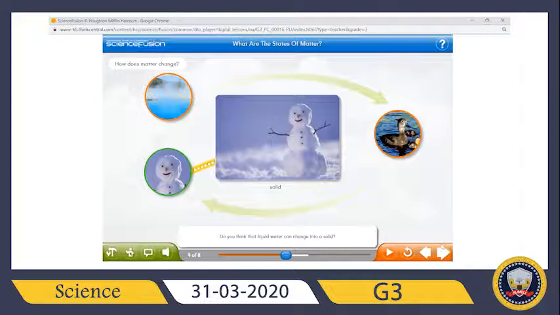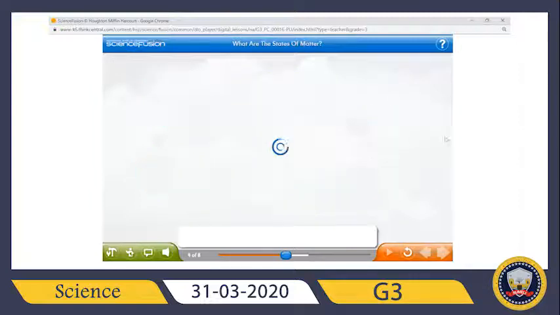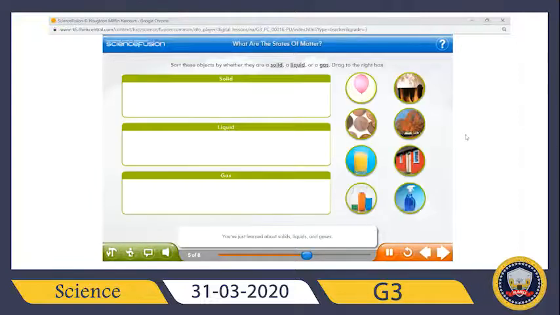Right now, let's make a quick exercise together about the states of matter. We know there are 3 states of matter: solid, liquid, and gas. Right now, we will just categorize them by checking the pictures. For example, air in the balloon. Remember our previous class.